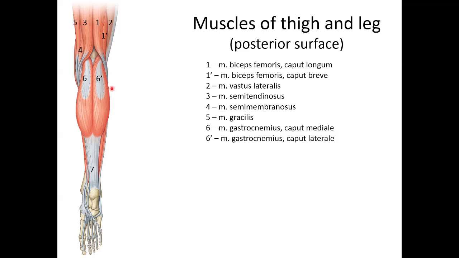These 2 heads connect with each other in the very popular, according to the Greek myths, tendon which is named the Achilles tendon, or tendon of musculus triceps surae, Achilles tendon. Why this name? You know the Greek hero Achilles, when there was a war between Greeks and Troy.